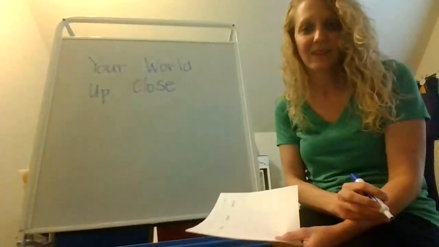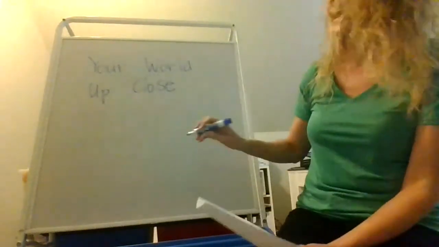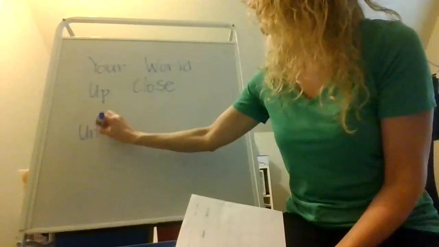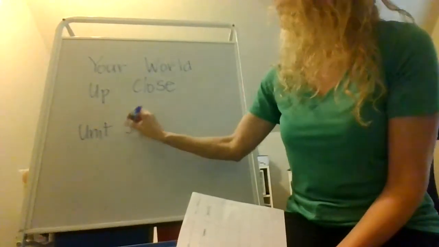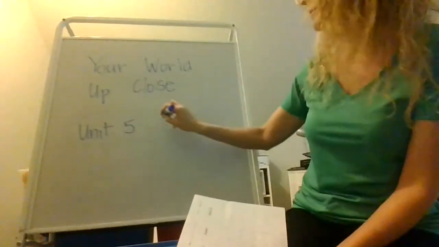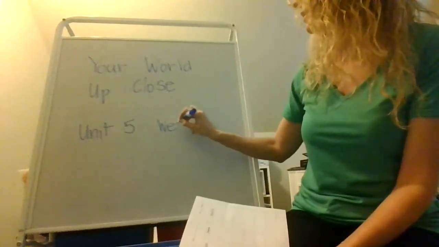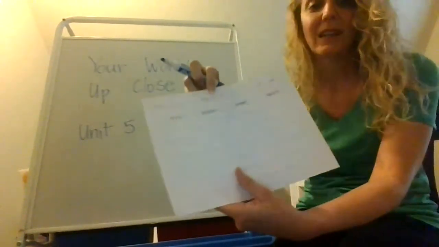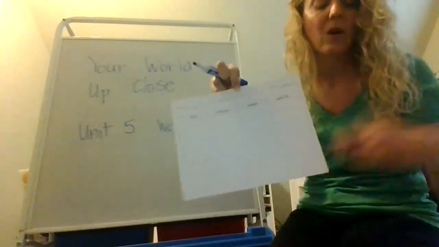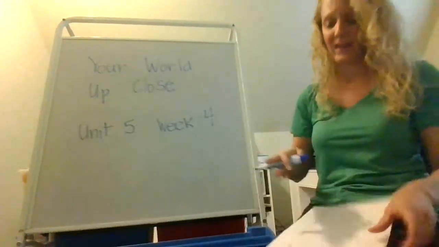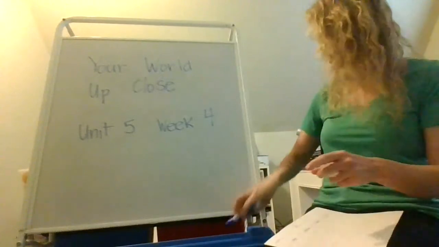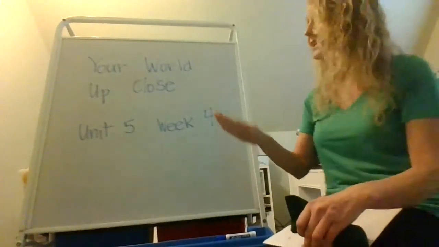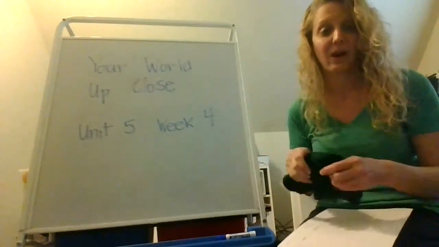Okay. And it is Unit 5, Week 4. So you can write that at the top on this paper or on your own paper. Okay. Remember, in the videos, you can rewind and listen again, or you can push pause so that you can see what to write on your paper.